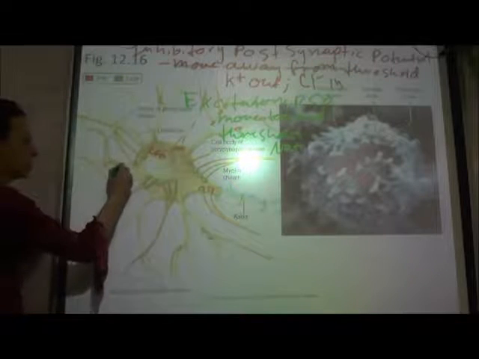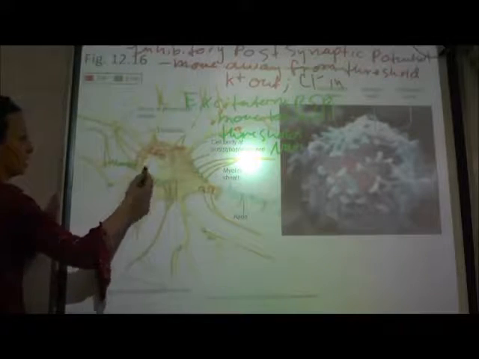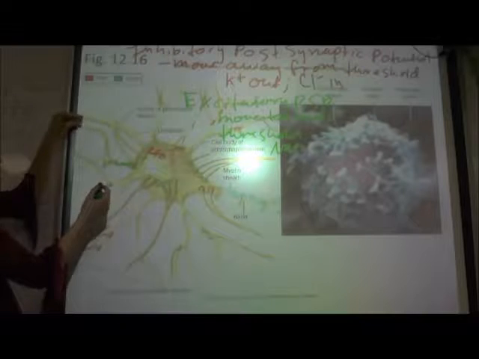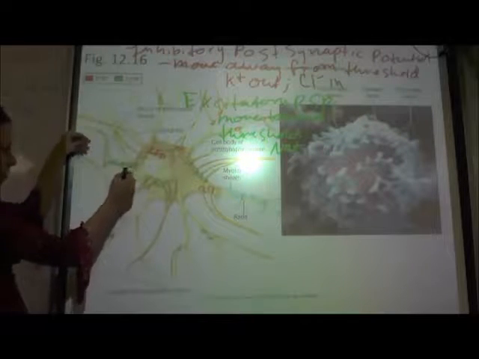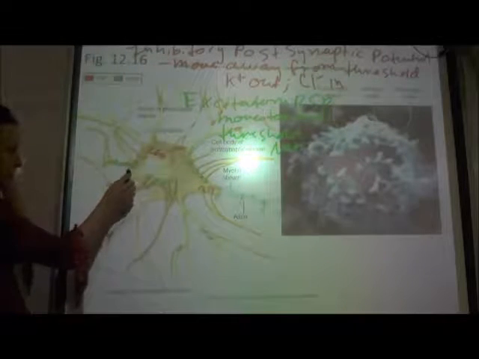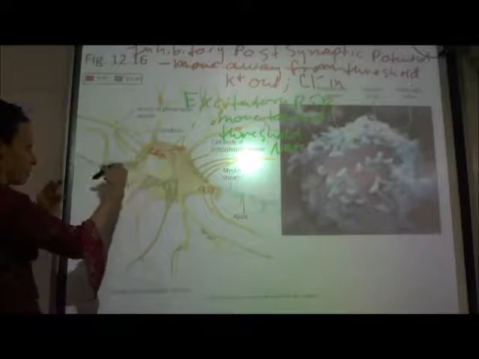So sodium ion will come in, and as long as the neurotransmitter is bound, sodium ion will be able to come in. But then as soon as the neurotransmitter leaves, your sodium potassium pump takes back over and you pump that stuff back out. So it decays over time. That's why they're graded.